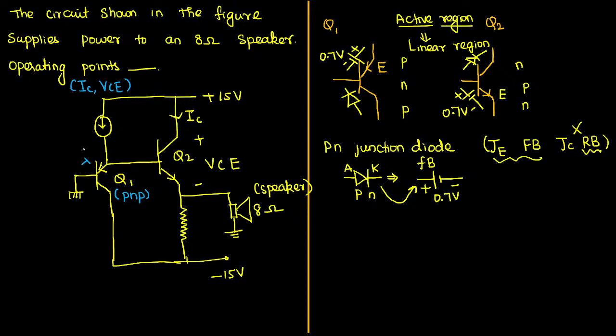Across the emitter junction, can I replace the circuit like this, with 0.7 volt? Similarly, Q2 is an NPN transistor, we identified. For this, we can replace it by 0.7 volt. Here also we have 0.7 volt across the base-to-emitter junction.